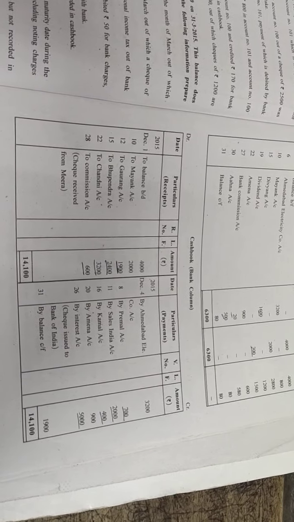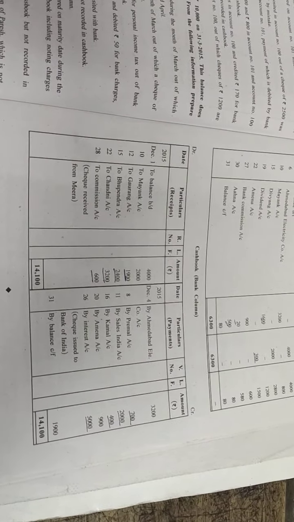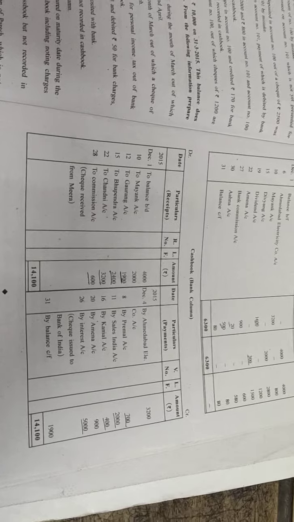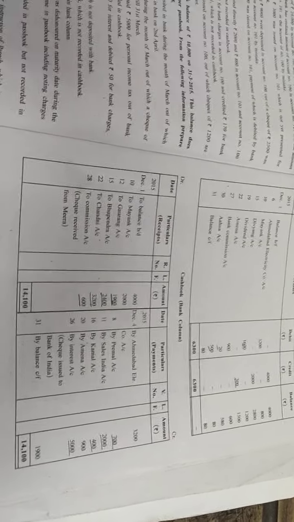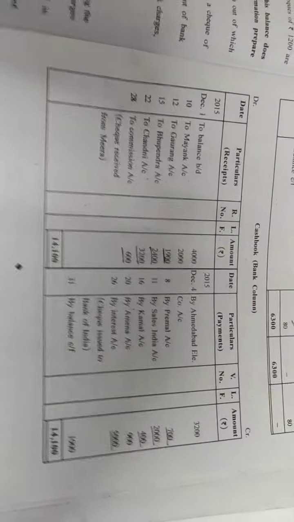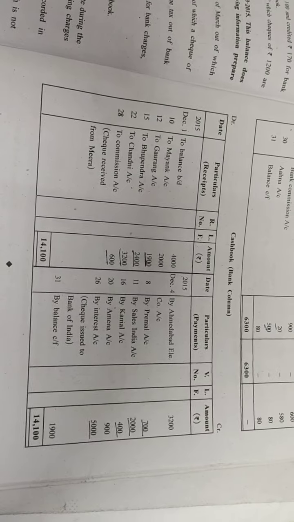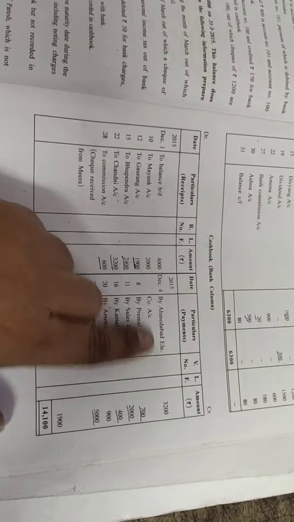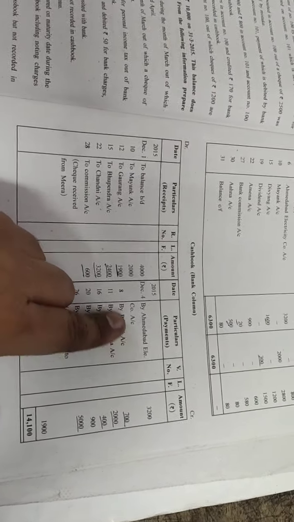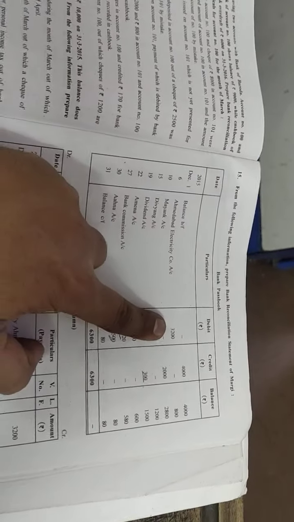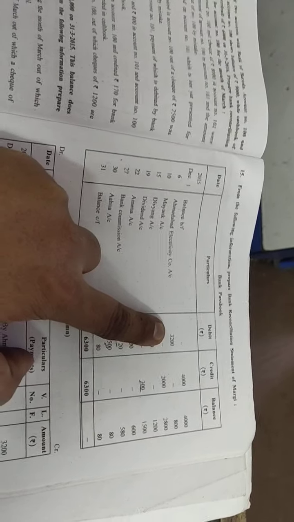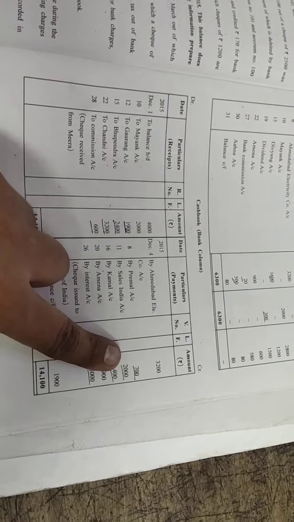Now we will take credit side of cash book and we will see whether they are there at the debit of passbook or not. The first item at the credit side of cash book is 3200 Ahmedabad Electricity Company. Here it is there at the debit of passbook, so not a reason of difference. Then Premal rupees 700, friends, we cannot find Premal here.